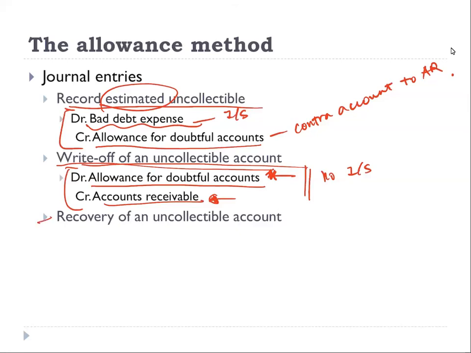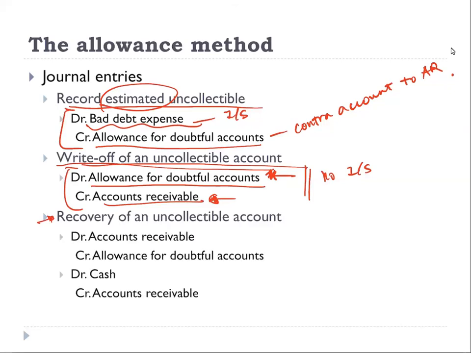However, a third situation may come up: the firm may have already written off an uncollectible account, but maybe one day the client comes to the firm and actually pays the firm back. This is called a recovery of an uncollectible account. What if we have already written off an uncollectible account, and after a while we got paid for that account which was already written off?